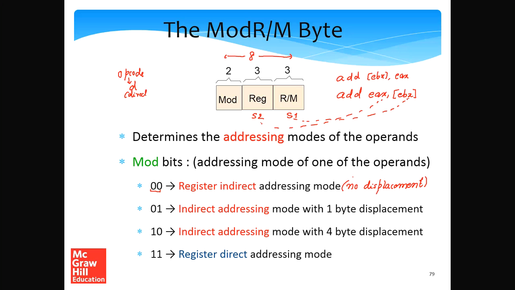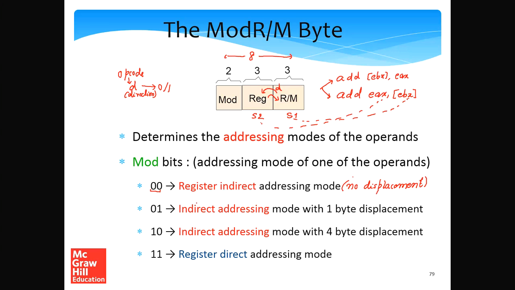The direction field is a single bit, which can be 0 or 1, and depending on it we distinguish between these two scenarios: whether the transfer is this way or that way.